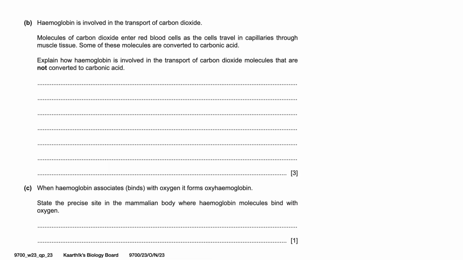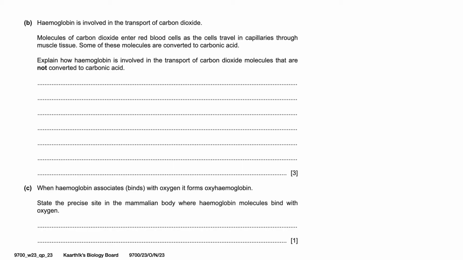Moving on to the B part of this question. It states, hemoglobin is involved in the transport of carbon dioxide. Molecules of carbon dioxide enter the red blood cells as the cells travel in the capillaries through muscle tissue. Some of these molecules are converted to carbonic acid. Explain how hemoglobin is involved in the transport of carbon dioxide molecules that are not converted to carbonic acid.